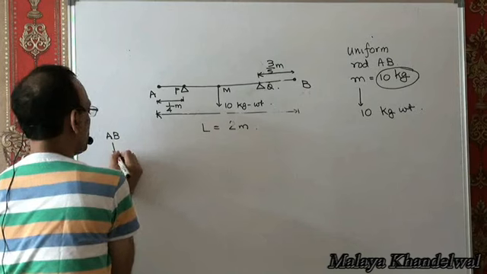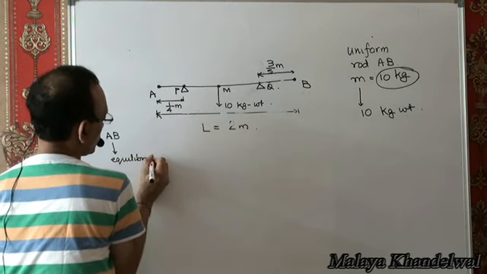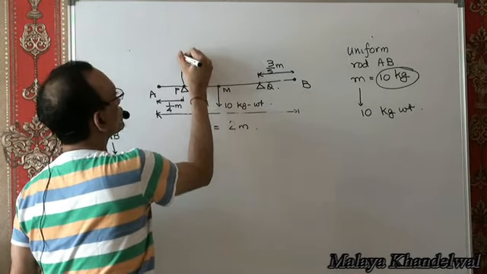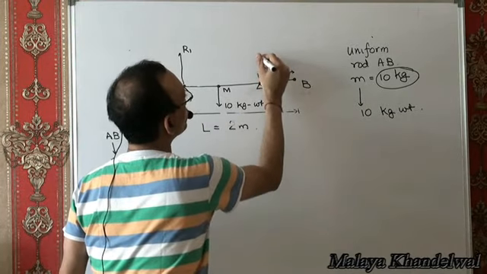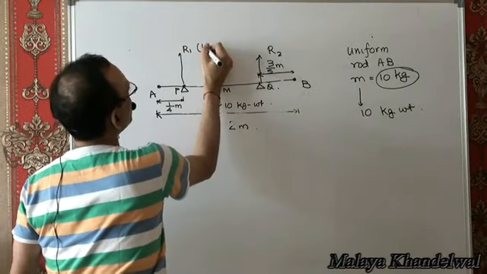In order to keep AB in equilibrium, let's say the reaction force at P is R1 and the reaction force at Q is R2, in kg weight.